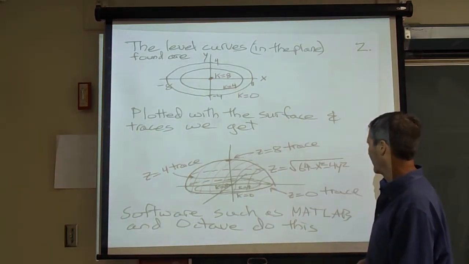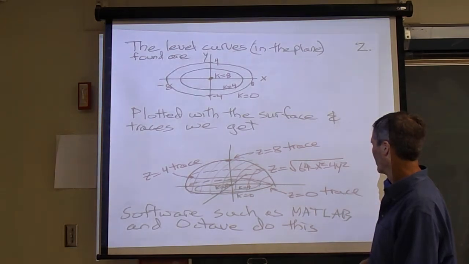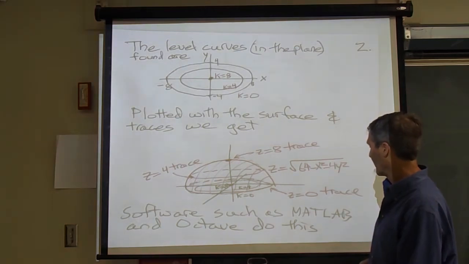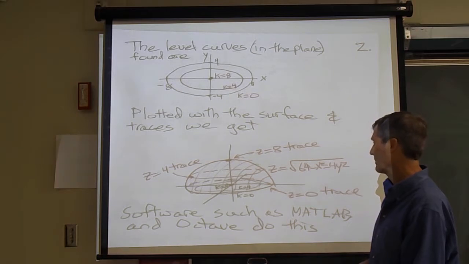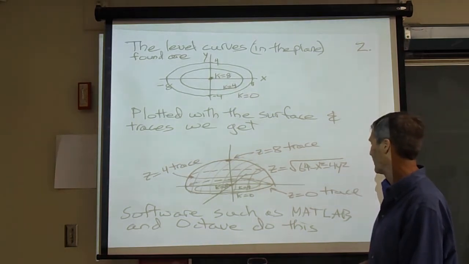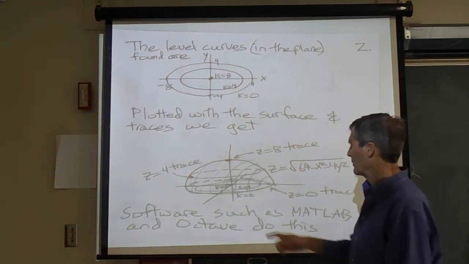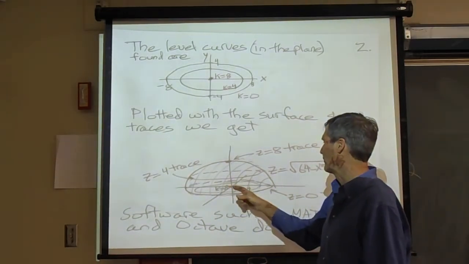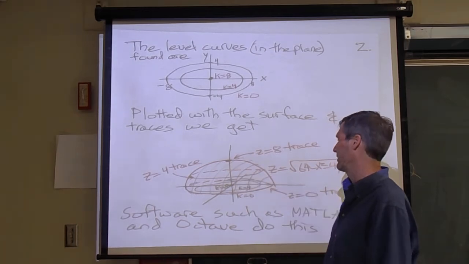It becomes x squared over 64 plus y squared over 16 plus z squared over 64. So it's an ellipsoid with semi-axes 8, 4, and 8. So you come out here 8 along the x-axis, 4 along the y-axis, and actually 8 along the z-axis.